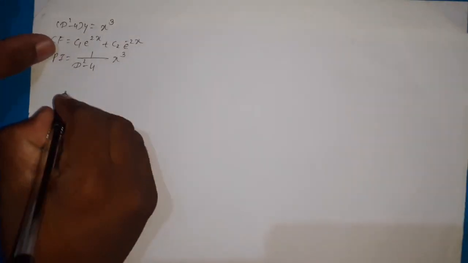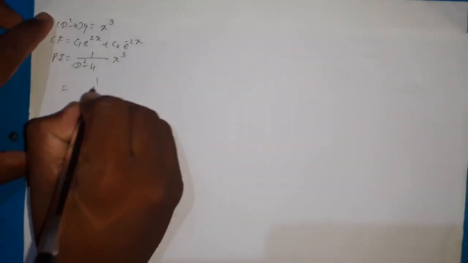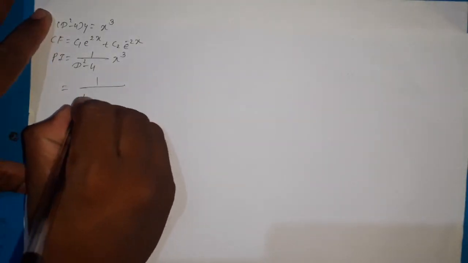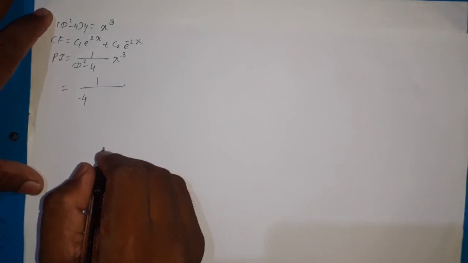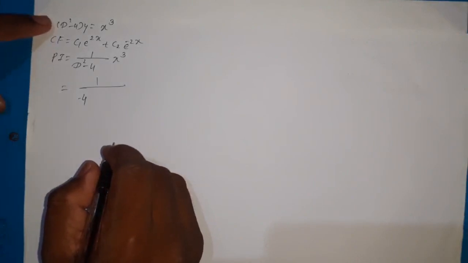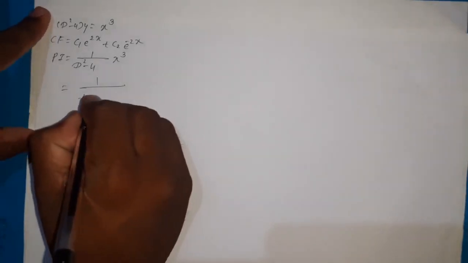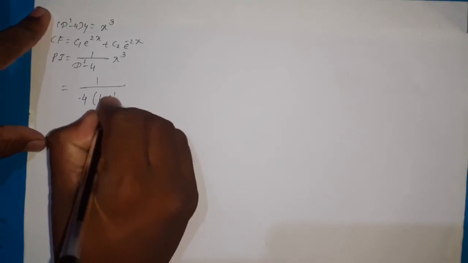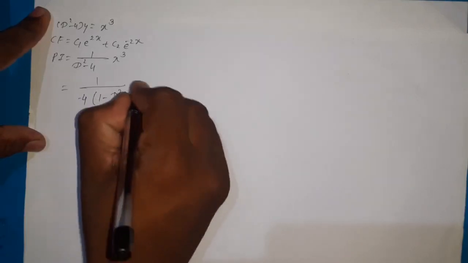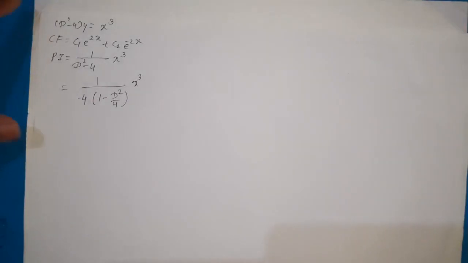Now here it is equal to 1 divided by, here we need to take minus 4 outside, since the lowest degree term is minus 4, then that becomes 1 minus D square by 4 into x cube.